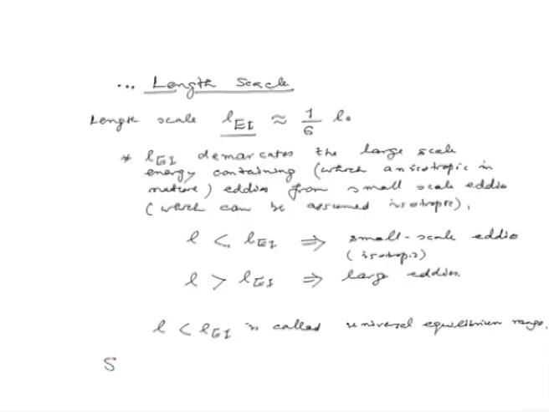Now, let us come down to the smallest length scale. So, how can we figure out what the smallest length scale would be? The smallest length scale is the one where our eddies become relatively stable, for the viscosity to become dominant at that level.